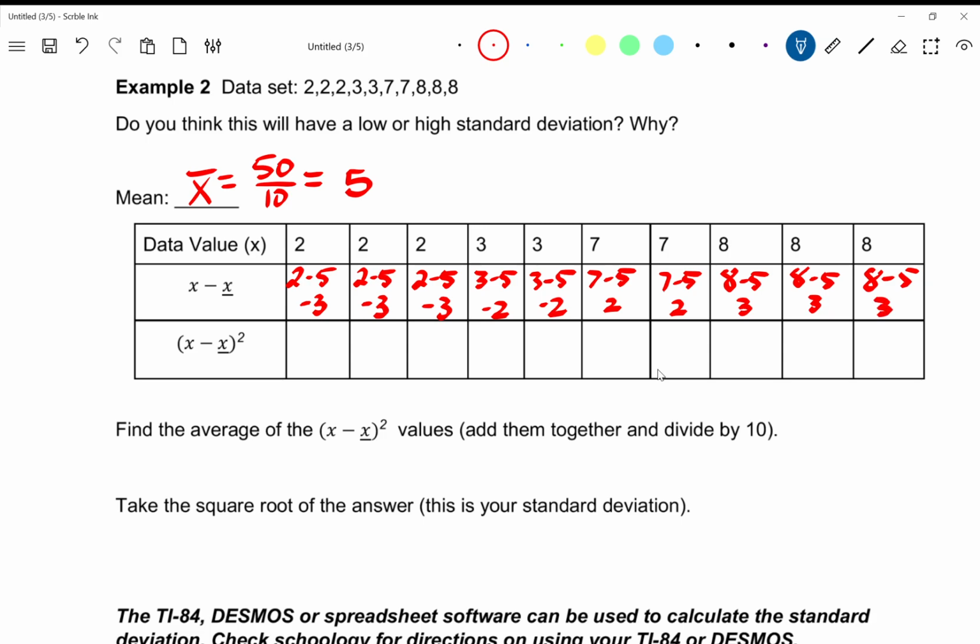And then we are going to square each one of these 10 answers. So 9, 9, 9, 4, 4, 4, 4, 9.